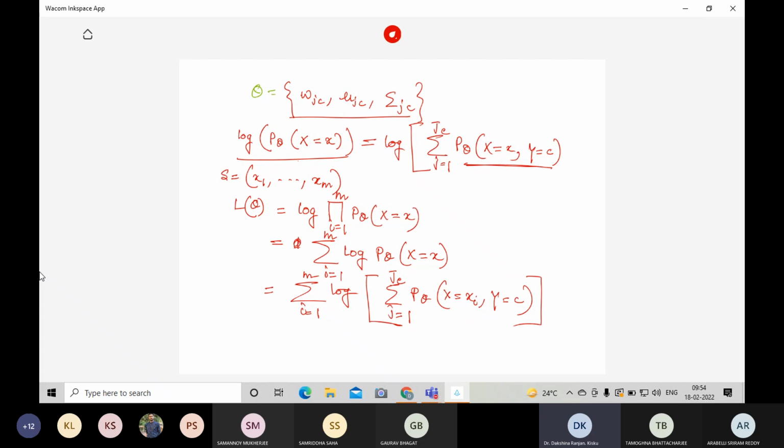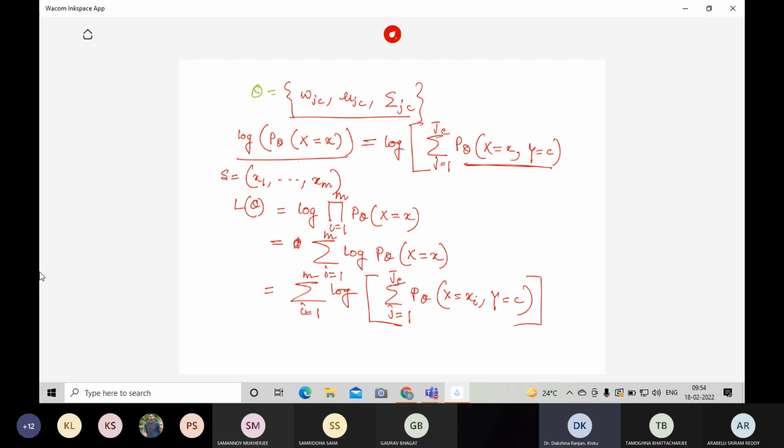How can we interpret this relation between L theta and the right hand side? So here in the right hand side, we further derive the log likelihood function. In place of log likelihood, we are writing the joint probability distribution p theta of x equals xi, comma y equals c.